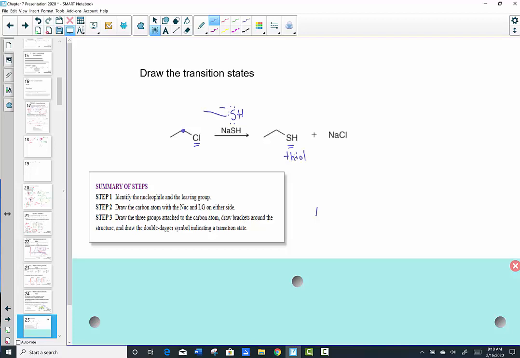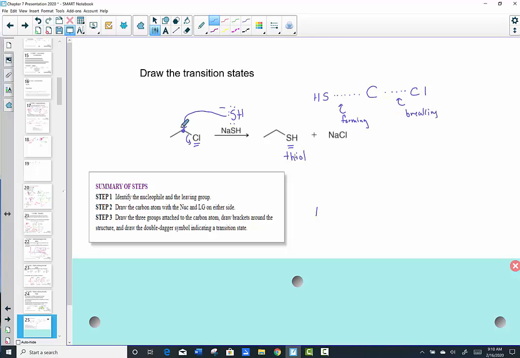It is going to attack from the opposite side and the leaving group leaves. All right, so there's our mechanism. Here's your alpha carbon. It has a leaving group of chlorine, and on the opposite side, you have your nucleophile attaching. So here's the point of bonds forming, and there are the bonds breaking as the leaving group leaves. Those are why they're dashed.